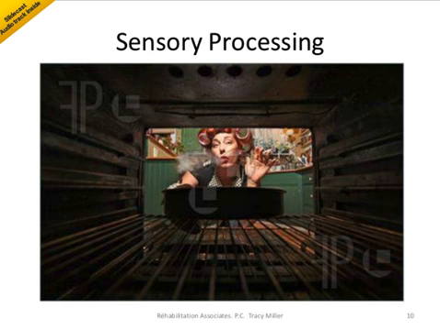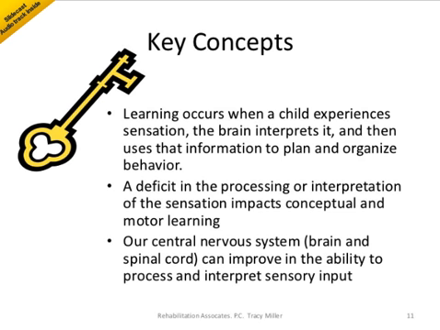So there are some key concepts when we look at sensory processing theory. One is that learning, and when I talk about learning, I'm talking about cognitive learning and motor learning, occurs when a child experiences sensation, and then the brain interprets it and uses that information to make a response.